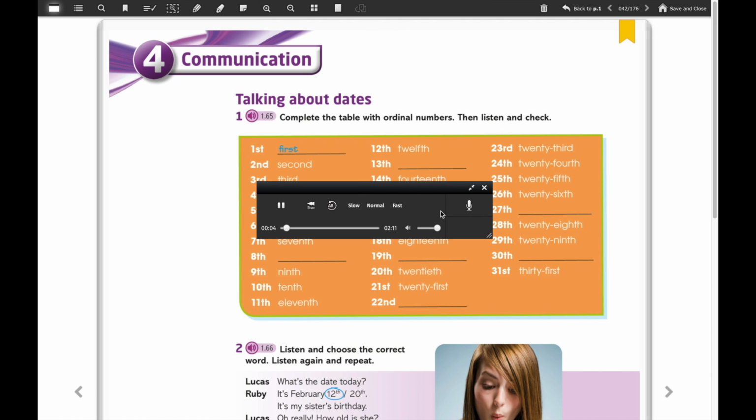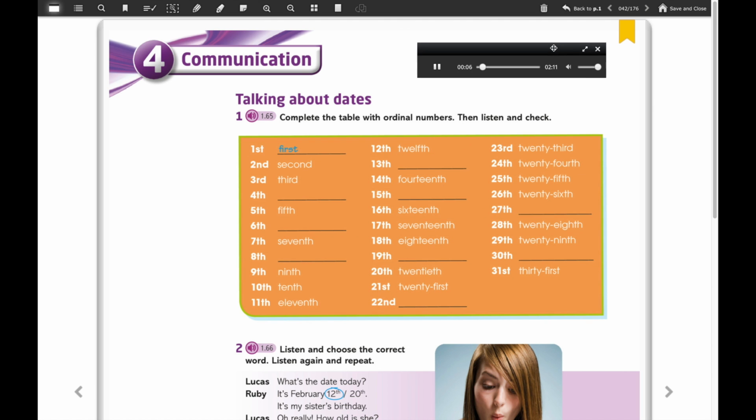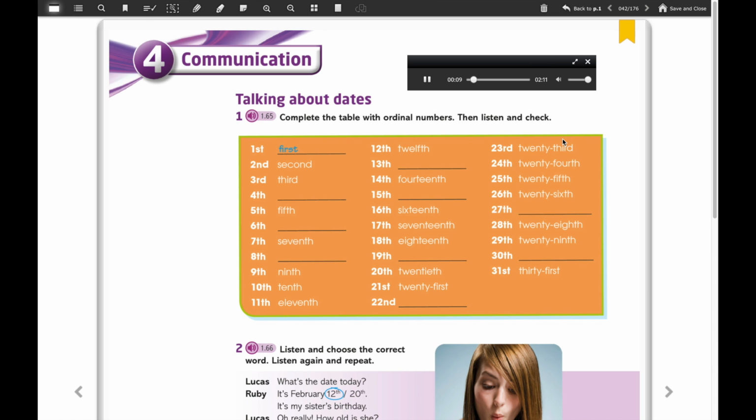Talking about dates. Page 42. Exercise 1. First. Second. Third. Fourth. Fifth. Sixth. Seventh. Eighth.